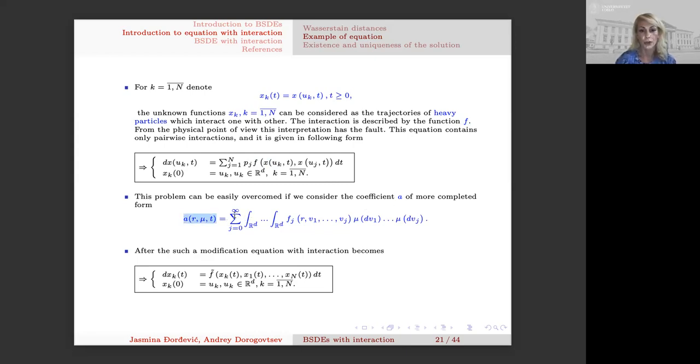So with this expression, where now f tilde, in this simpler formula, gives, describes the interactions between all the particles, so between all n particles in this system of n particles.